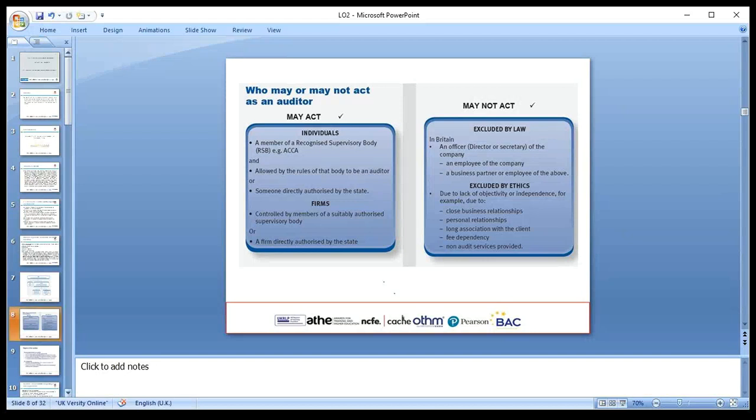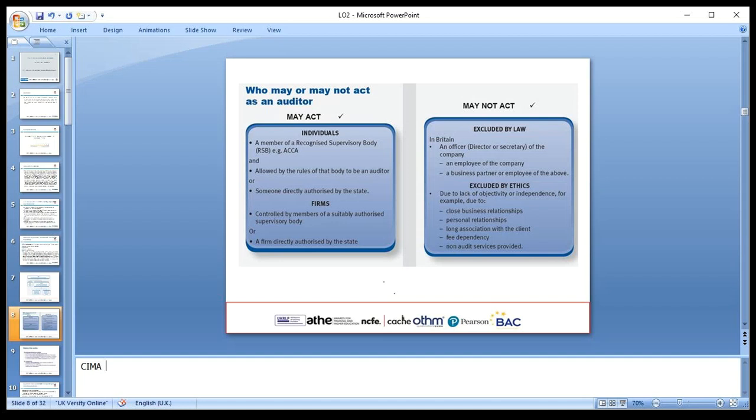If you're a CIMA member, Chartered Institute of Management Accountants, you can't do statutory external audit. You can do internal audit. Internal audit has no legal requirement; anybody can do internal audit.